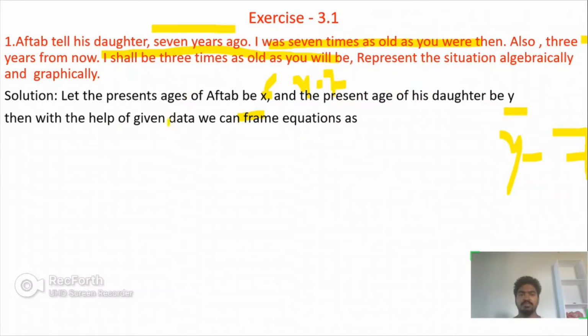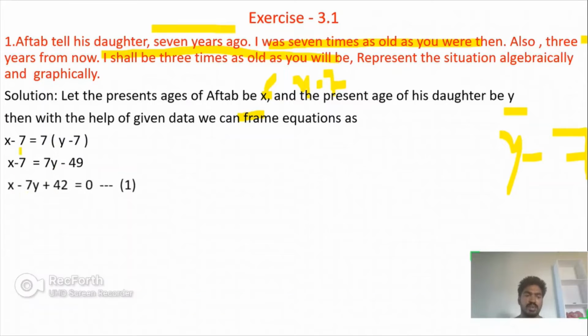So I can frame the equation x minus 7 is equal to 7 into y minus 7. If I solve, I get x minus 7 is equal to 7y minus 49, and x minus 7y is equal to minus 49 plus 7, that is minus 42. So x minus 7y plus 42 is equal to 0 as the first equation.